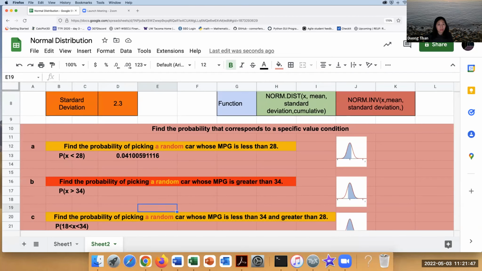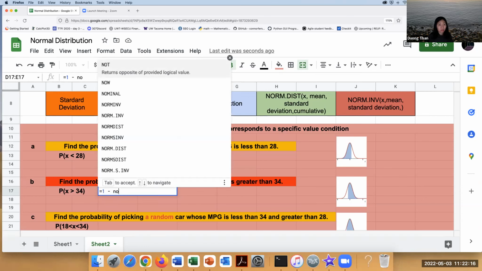The next problem is find the probability of picking a random car, and then you figure out that the MPG of that random car is greater than 34. So this is a problem finding the area on the right. In order to find the area on the right, P of x greater than 34, we know that the value is the same as 1 minus the probability to the left of 34, right?